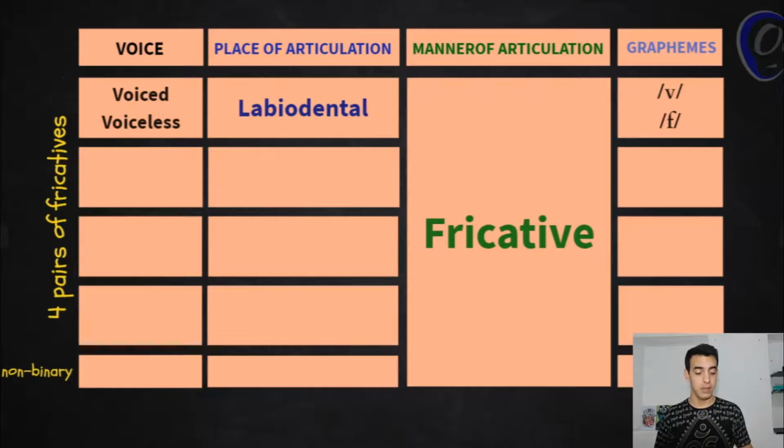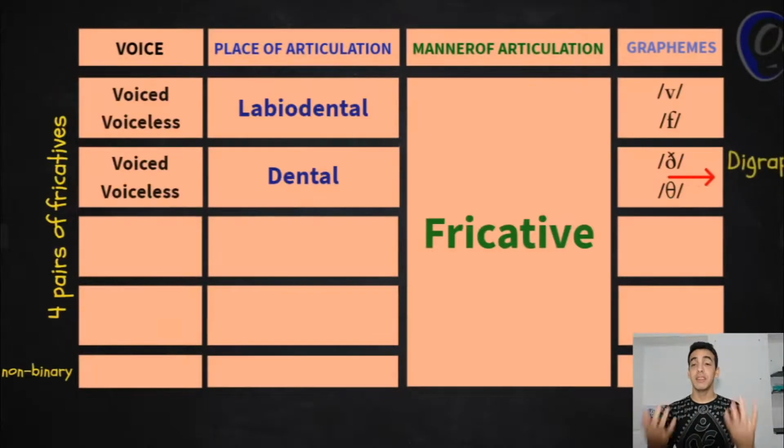They are a couple. Let's go on. The dental fricatives are voiced and voiceless, and they correspond to the digraph TH. Whenever you have the TH, in most cases, you utter these two dental fricatives.